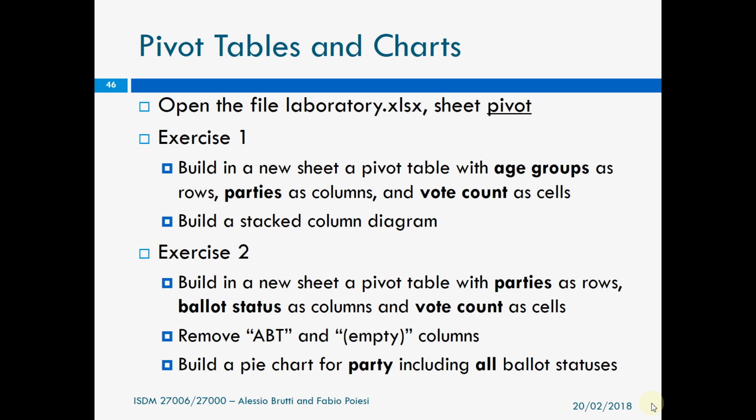You have to remove the ABT and empty columns, and then you want to build a pie chart for party including all ballot statuses. So first of all, you have to introduce a filter. You create the table, the pie chart, reintroducing all ballot statuses. So try to do the exercise, and then we see the solution.